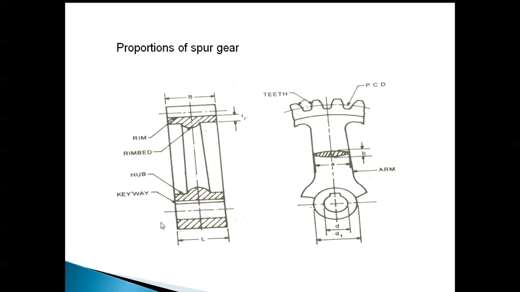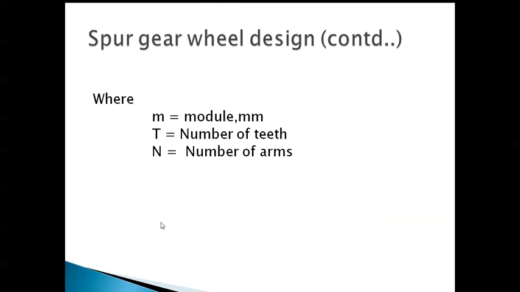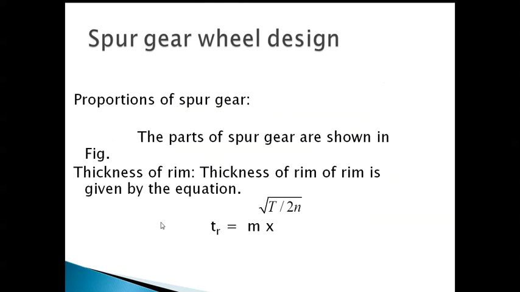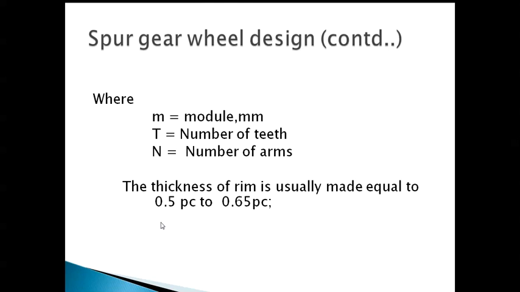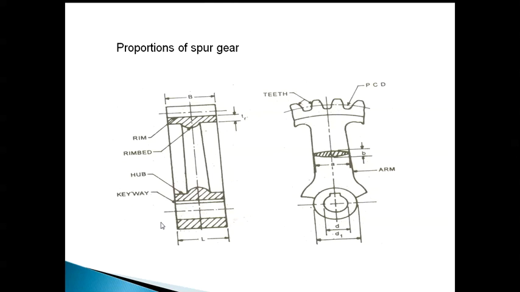Thickness of the rim is equal to m into under root of p by 2 into n, where m is the module in mm, p is the number of teeth and n is the number of arms. The thickness of the rim is usually between 0.5 pc to 0.65 pc and the width of the face is 3 pc. So first we need to find the rim thickness and width of the face.